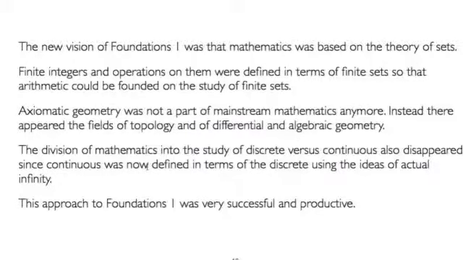The division into the study of discrete versus continuous also didn't show up so much, because most of the interesting mathematics was about using one to prove results about another, and in practice it was achieved through the definition of continuous in terms of discrete using the ideas of actual infinity.